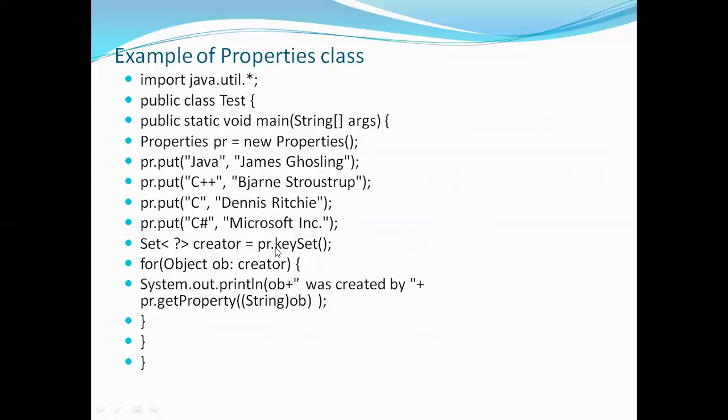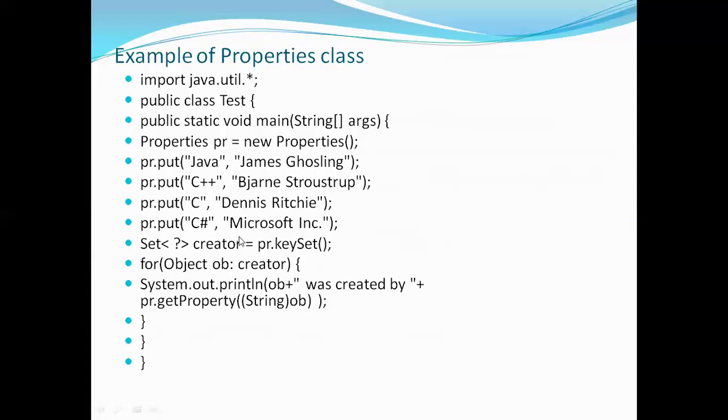All the elements we have added, that is the keySet of the property, are assigned to that creator object of set. Now this creator will have all the elements. So I'm printing all the objects of that creator object, one by one. When printing, I print the object plus "was created by" plus pr.getProperty, which is the string of the object.